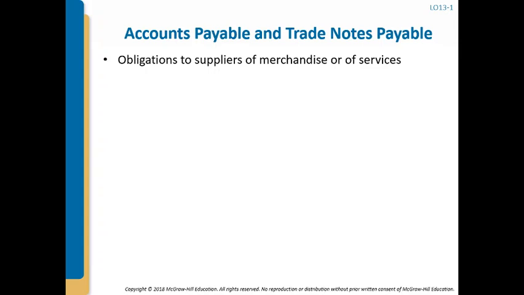So the most common and usually the largest amount of current liability you're going to have comes from transactions the company has made with suppliers. So accounts payable usually is the largest current liability. And these are obligations to pay back within a very short period of time, usually within 30 days. And you're buying stuff from your suppliers on credit.